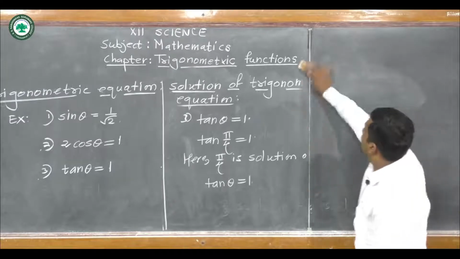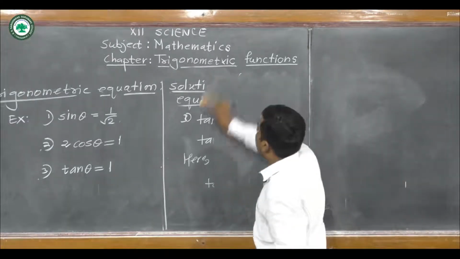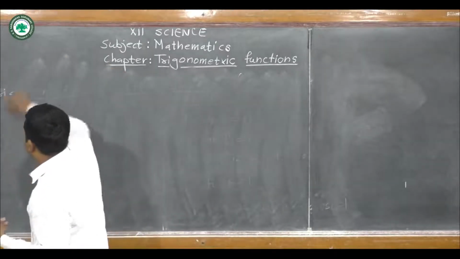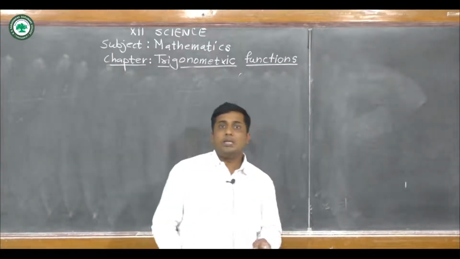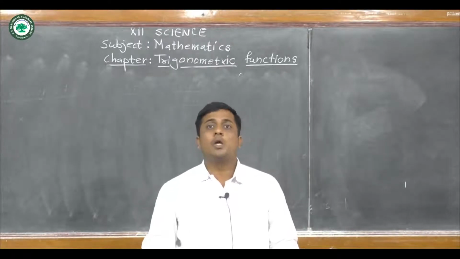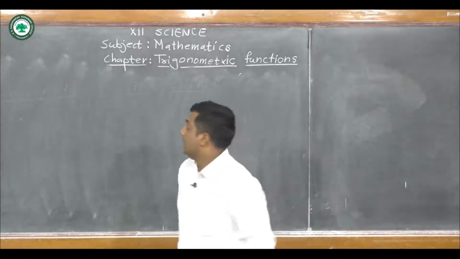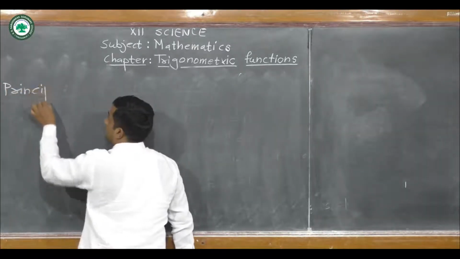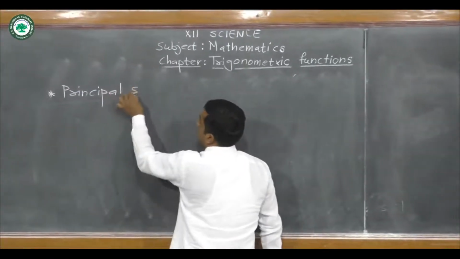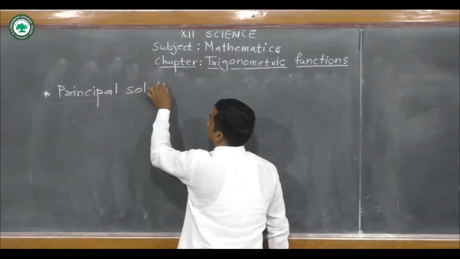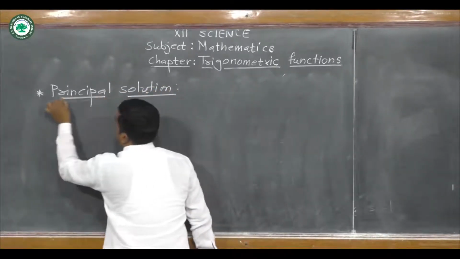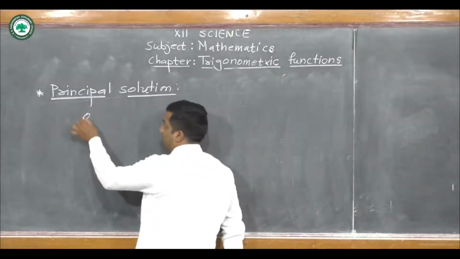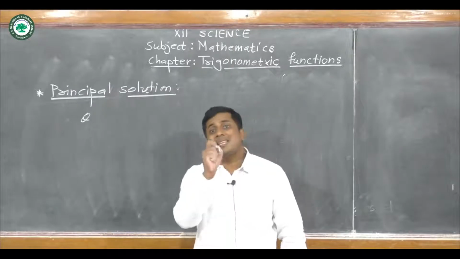Now we go with our next important definition, the principal solution. Everyone now knows how to find the solution of a given trigonometric equation. Now we define one type, the principal solution. To define the principal solution, we consider theta.